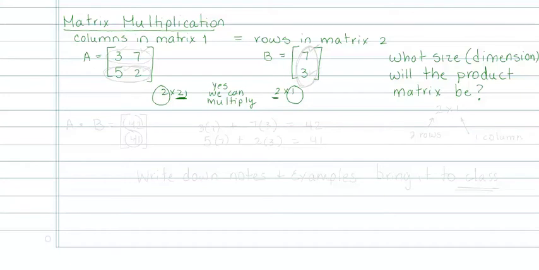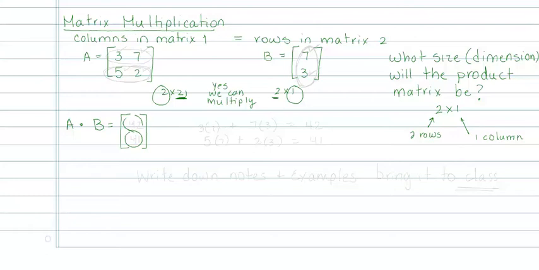The product matrix is going to be a 2 by 1. So it's going to have 2 rows and it's going to have 1 column. So A times B is going to be a matrix that has 2 rows, but only 1 column. So we're looking for 2 numbers.